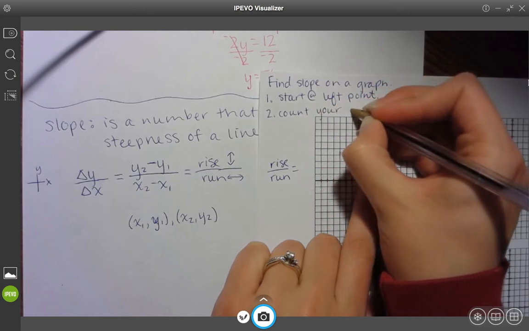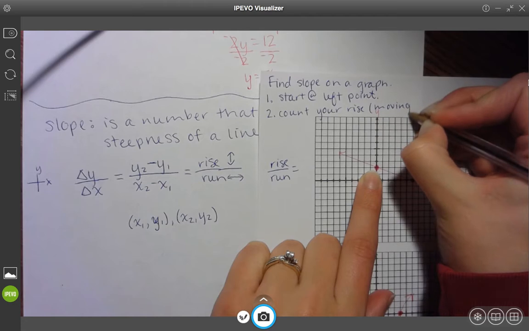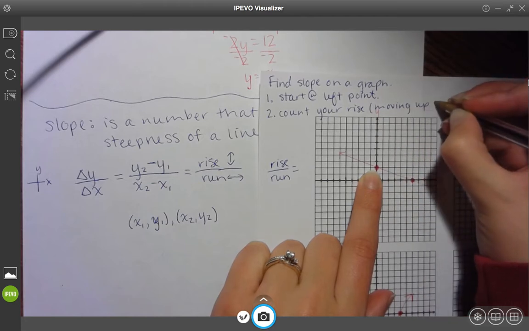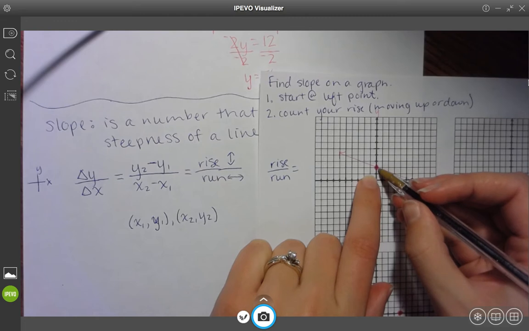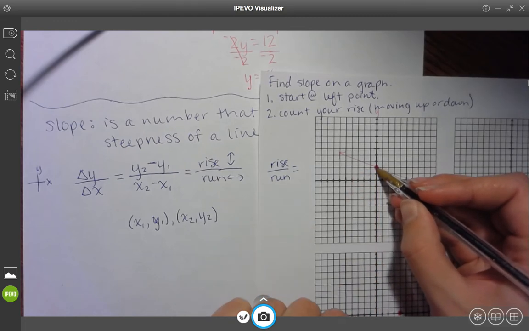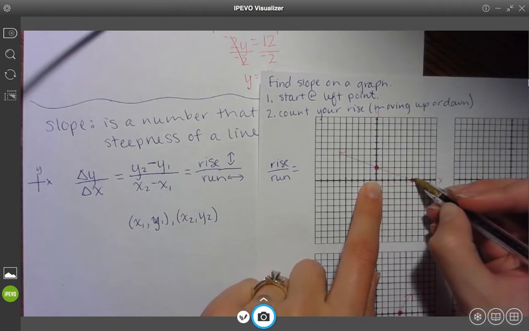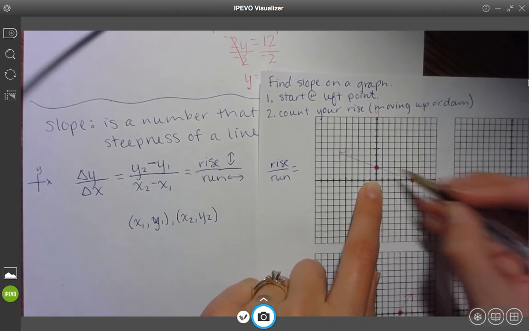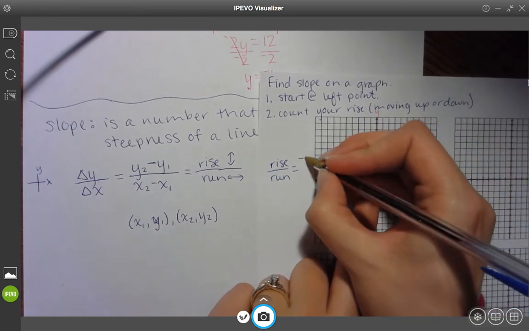Next is count your rise, so your movement up or down. My rise here is down 1, 2, because I'm going from this point to this point, finding how I get from here to here. I go down 2, so my rise is down 2.